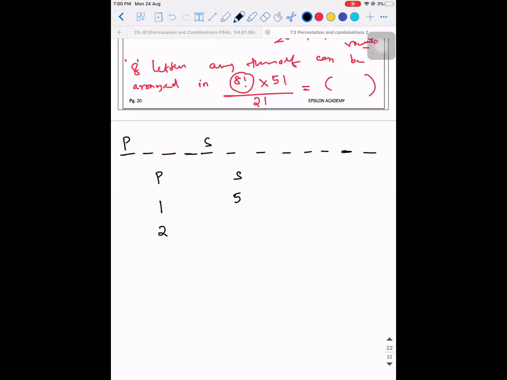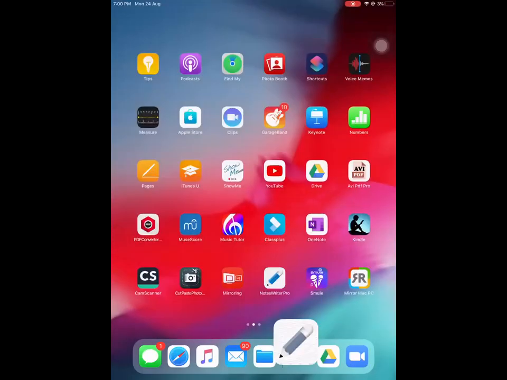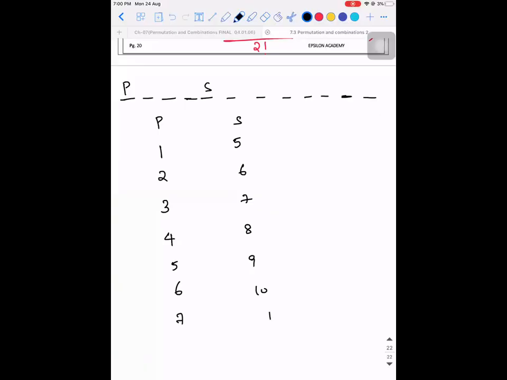If the position of P is the second blank space, the position of S is the sixth. Third and seventh, fourth and eighth, fifth and ninth, sixth and tenth, seventh and eleventh, and eighth and twelfth. So how many positions? 1, 2, 3, 4, 5, 6, 7, 8. But if you write it as 7 into, okay, I'm fixing the position of P and S.